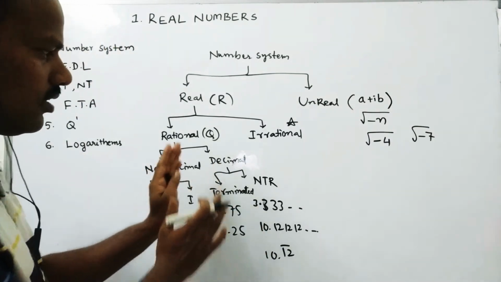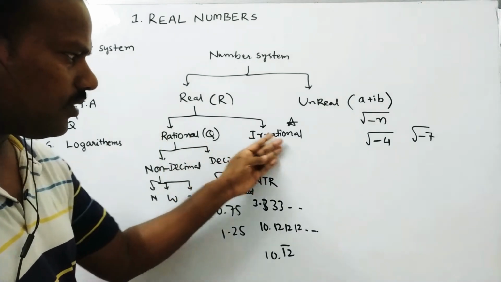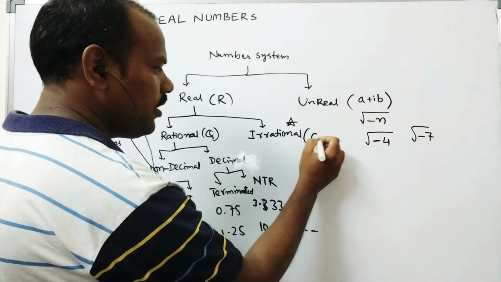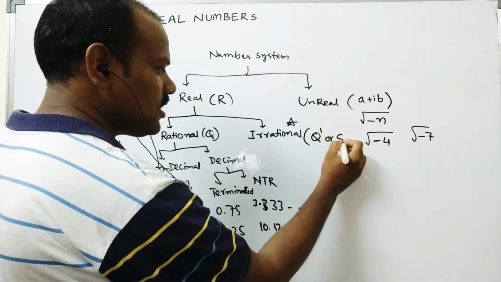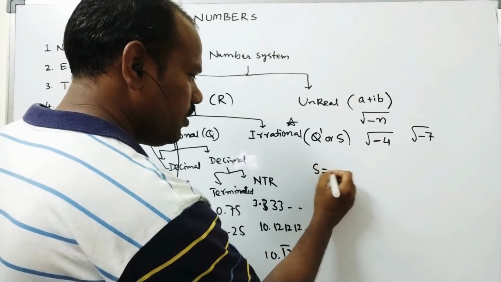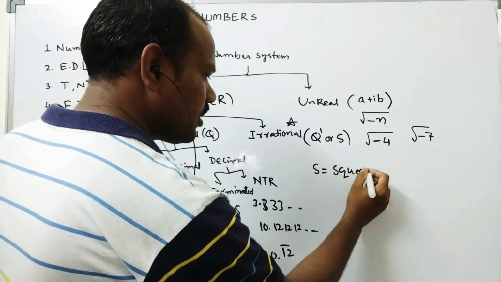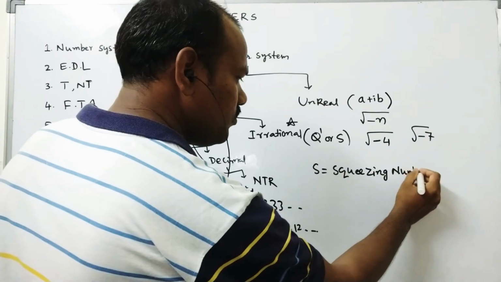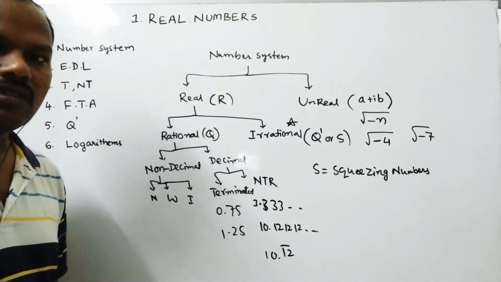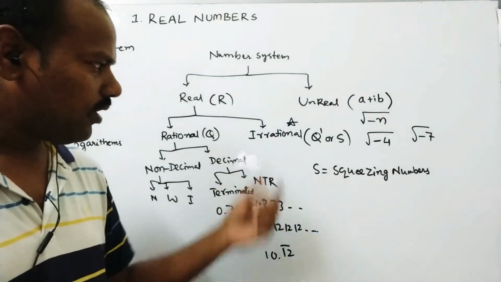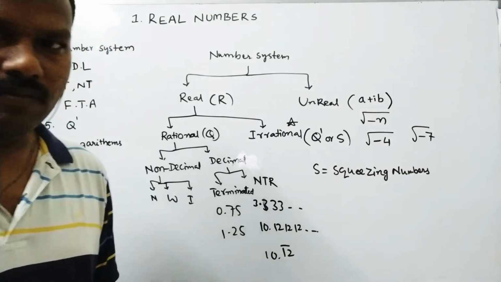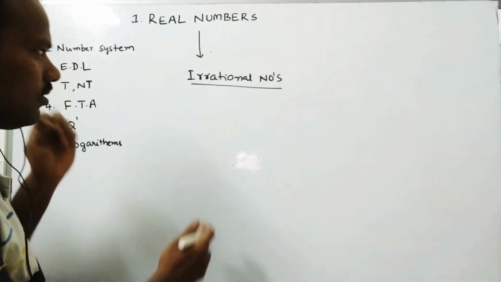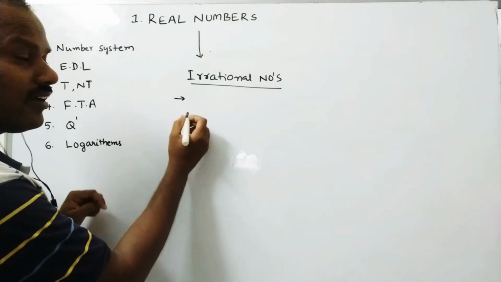This branch is not so important for us, but we need to focus on irrational numbers. Irrational numbers are denoted by Q dash or S. Irrational numbers, not irritating numbers.